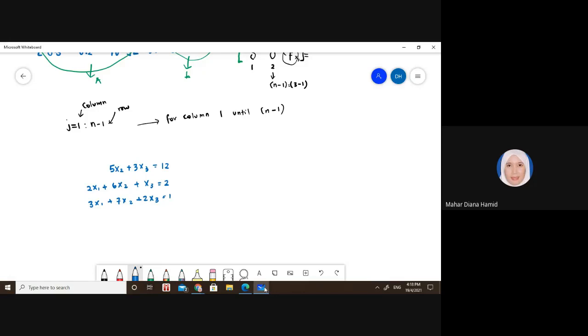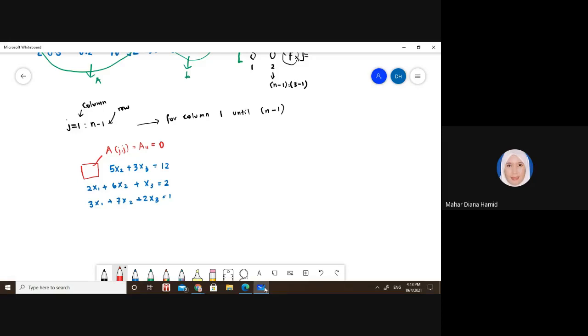So for example, in this case, this element here, we're supposed to have another element here. So this element here, we denote as ajj, which is A11. So A11 here is equals to 0.